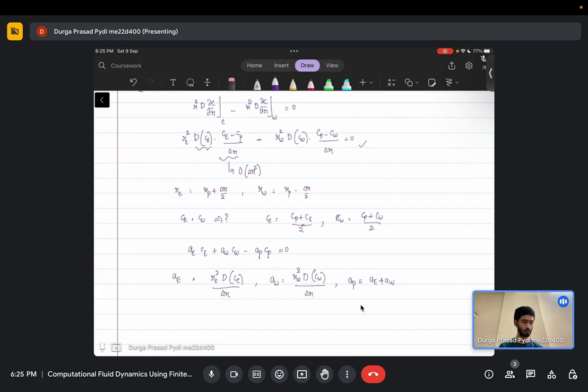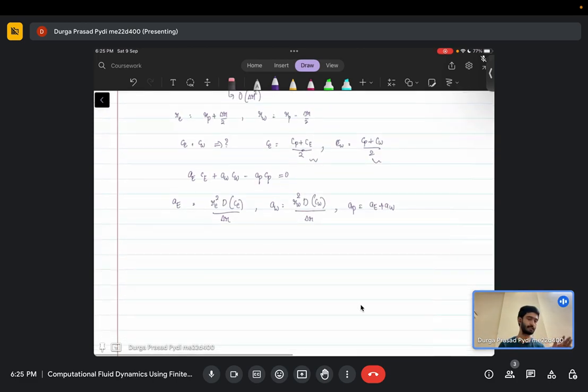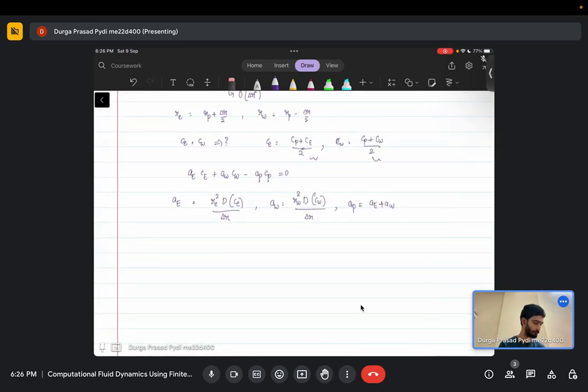So this is straightforward. The only catch here is you just need to approximate this to get the value on the faces, on the face centroids, as the mean of the cell centroid values.